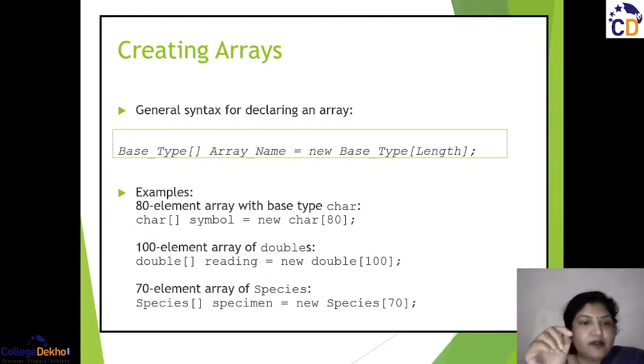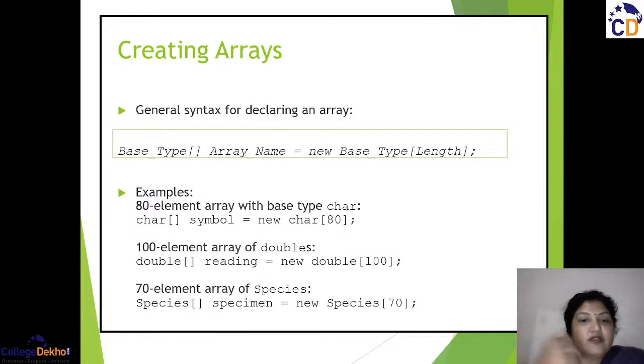So char, no size is mentioned here. You are just defining the array name, and then we have new, one keyword for defining the character set, and the size of that array, that is 80.